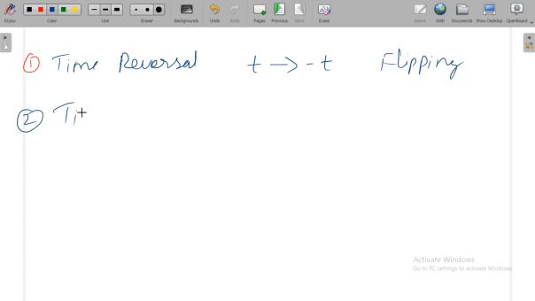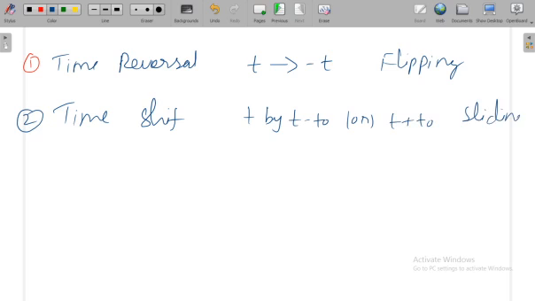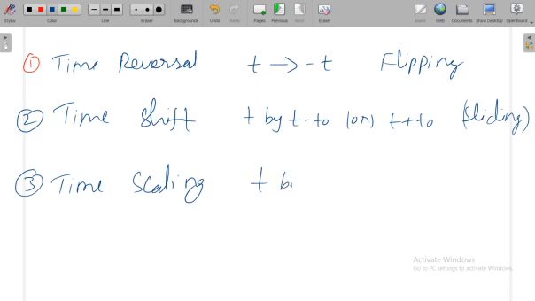Then time shift. Time shift means sliding the signal. I will replace t by t minus t naught or t plus t naught, and based on that it will slide either to the right side or towards the left side. The last one is time scaling. That means I will replace t by kt.